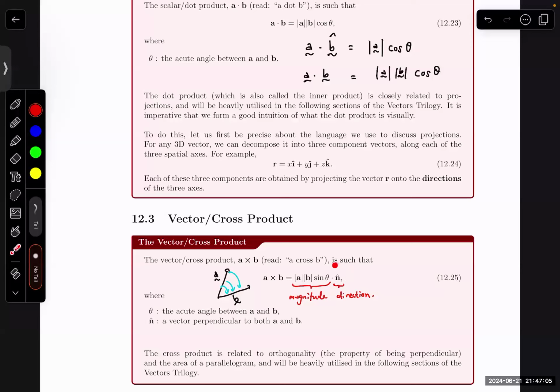N hat is the normal vector, a vector that is normal to both A and B. And then the length of that vector that grows out has this magnitude.